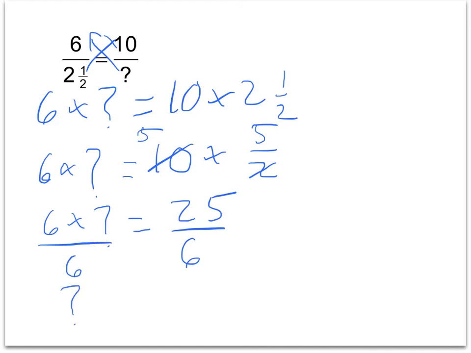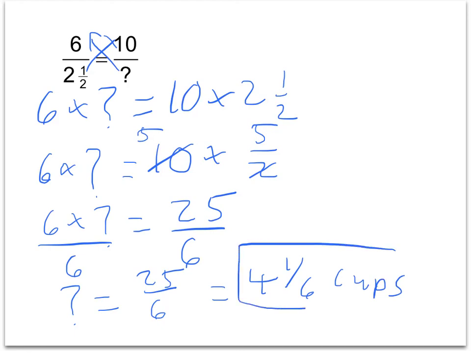And so we get that question mark is equal to 25/6, which is an improper fraction. If we convert that over to a mixed number, we're going to get 4 1/6 cups. So there's our answer. In order to serve 10 people, it's going to take 4 1/6 cups of flour.